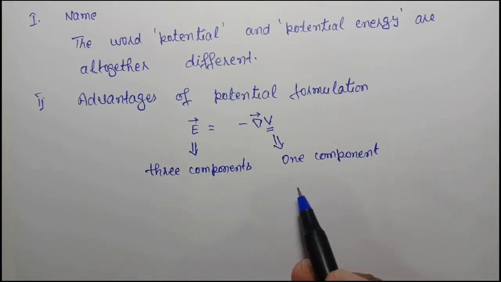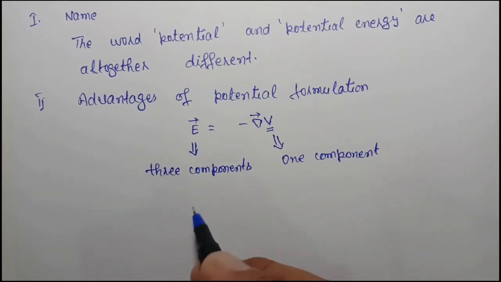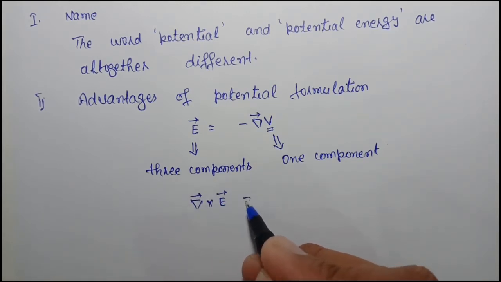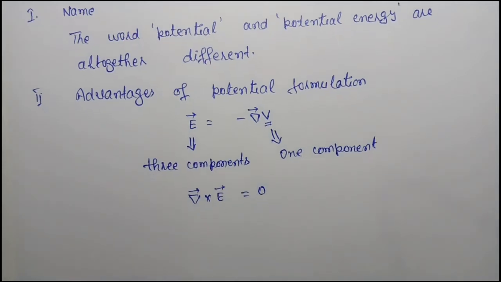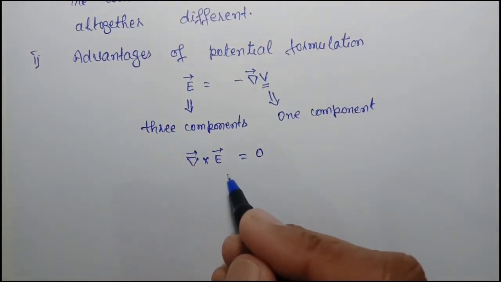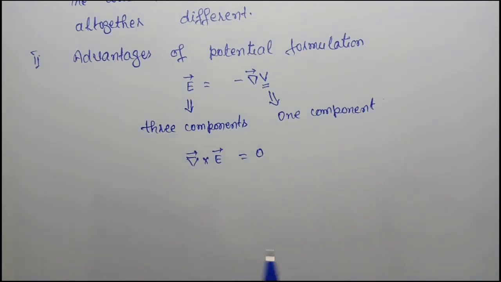To resolve this problem, here we have one explanation, that is because del cross E is equal to 0. When the curl of electric field is equal to 0, then these three components are not independent, they are interrelated with each other.